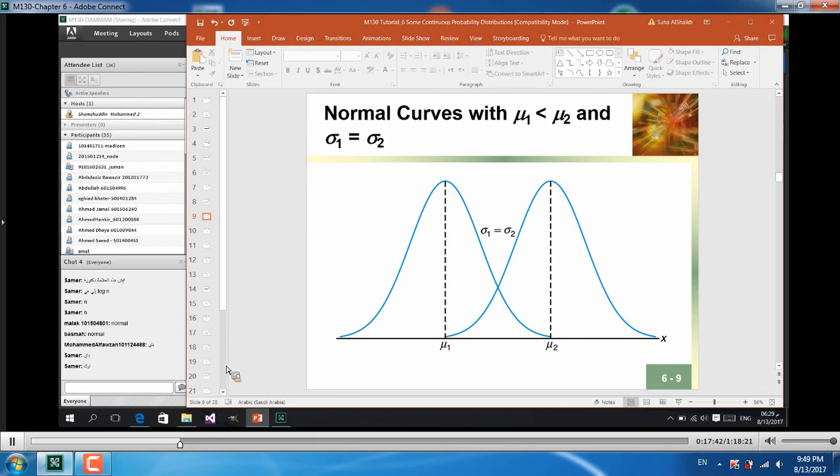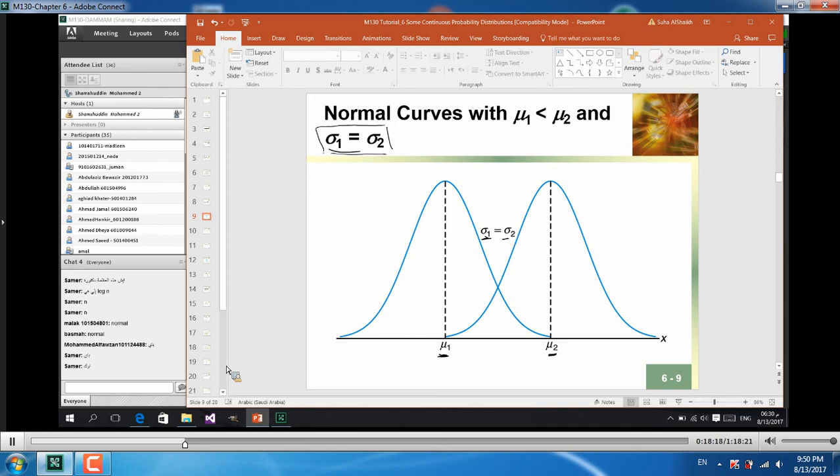Now here in this graph, they are showing you two different normal distributions. The center of the first distribution is mu 1 and the center of the second is mu 2. Sigma 1 and sigma 2 are equal, but sigma 1 is less than sigma 2. Sigma is the width of the curve, sigma shows me the width of the curve itself, okay? And mu shows me whether I'm going to the right or to the left. Mu 1 is less than mu 2, so mu 1 is at the left of mu 2 as you can see.